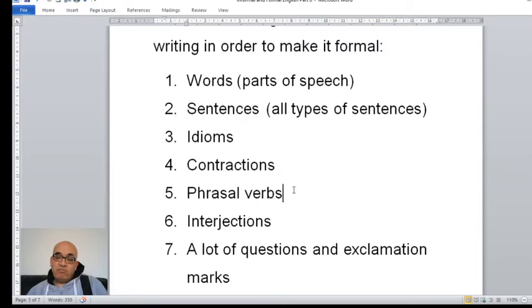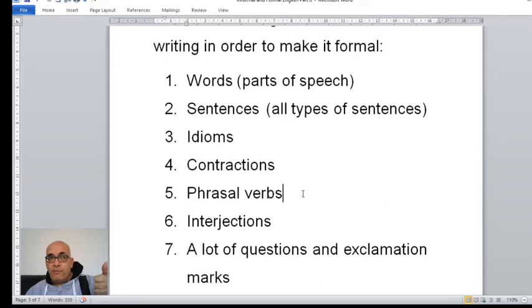Phrasal verbs. Don't use phrasal verbs like don't put off until tomorrow what you can do today. This is informal. But if I say do not postpone till tomorrow what you can do today, this is formal.